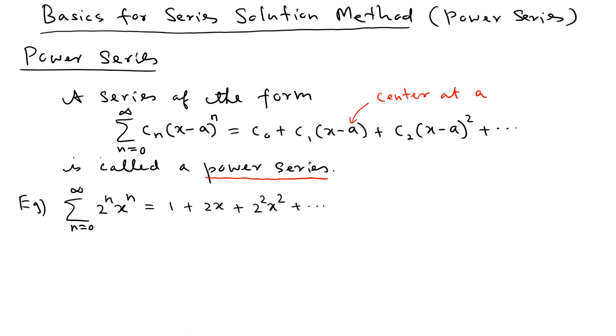Simplifying a little, you get 1 plus 2x plus 4x squared.